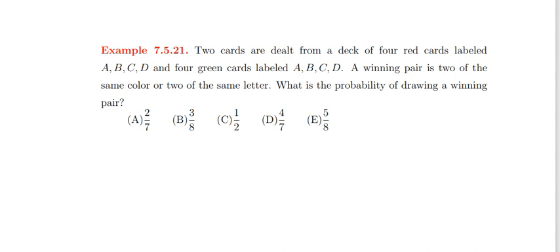Okay, this problem says 2 cards are dealt from a deck of 4 red cards labeled A, B, C, D and 4 green cards labeled A, B, C, D. A winning pair is 2 of the same color, or 2 of the same letter.